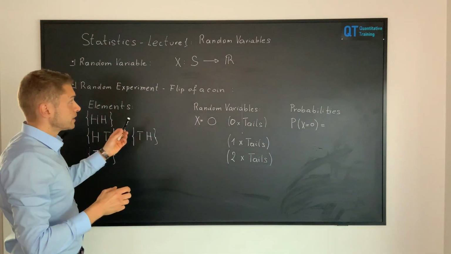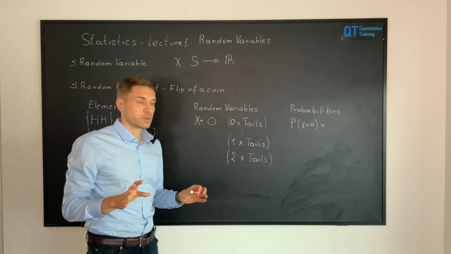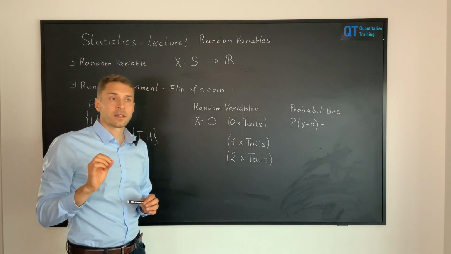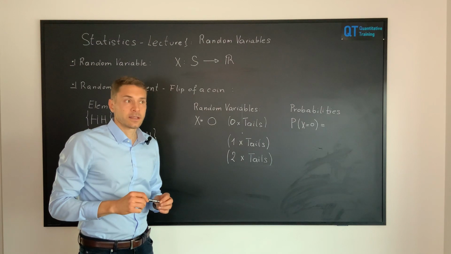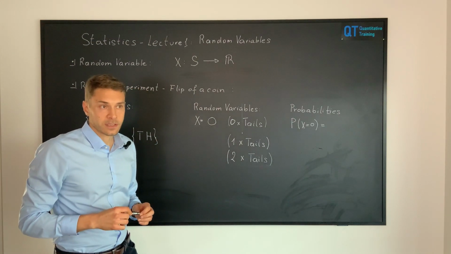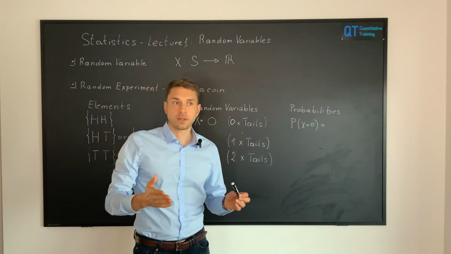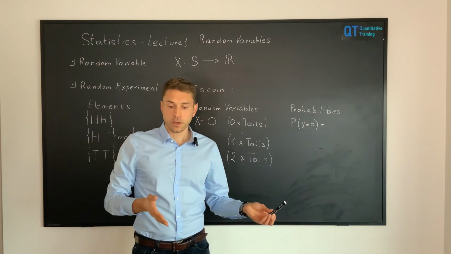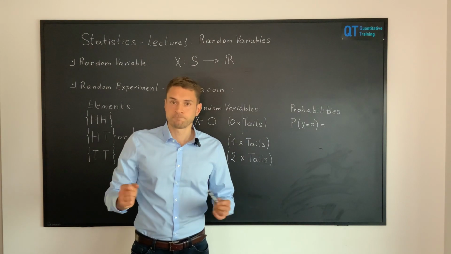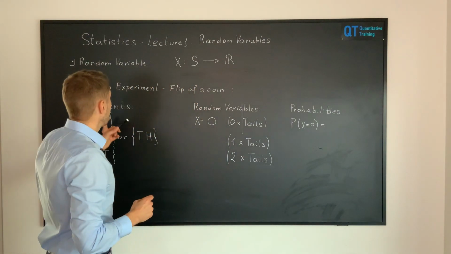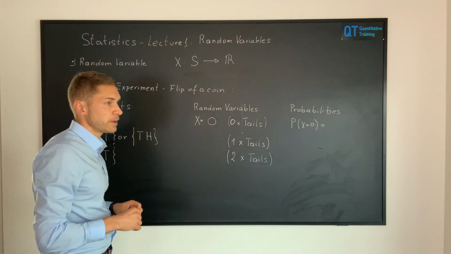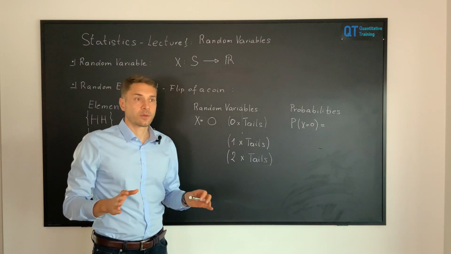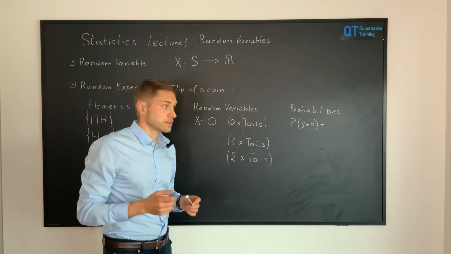In order to illustrate this rather formal concept, we would like to introduce a particular random experiment, namely the one that we encountered already in previous lectures on probability theory, namely the flip of a coin 2 times in a row. We know that the sample space of this random experiment has 4 different elements.